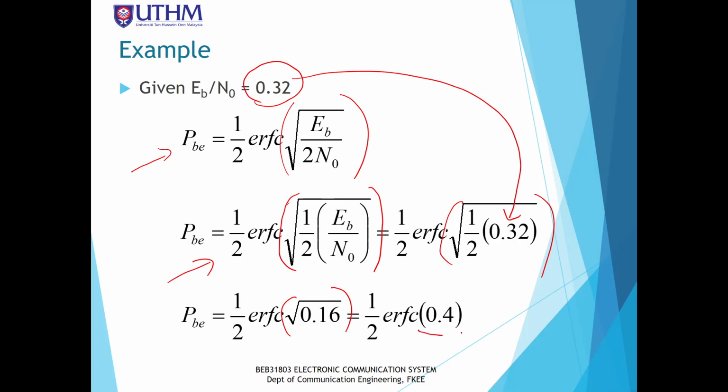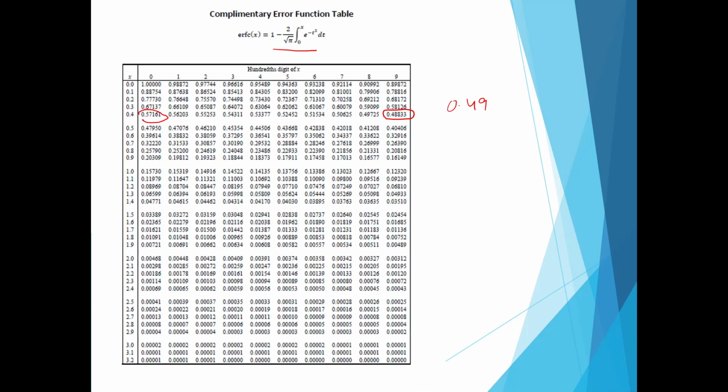So we need to find this one, ERFC 0.4. So this is actually 0.40. We can find from the complementary error function that 0.40 is equal to 0.57161.